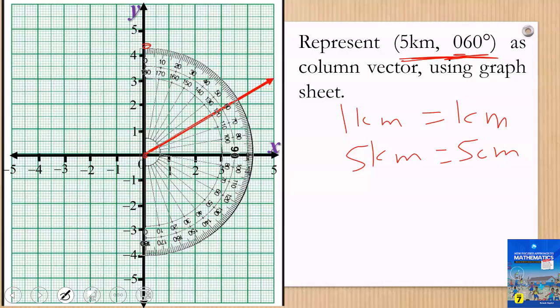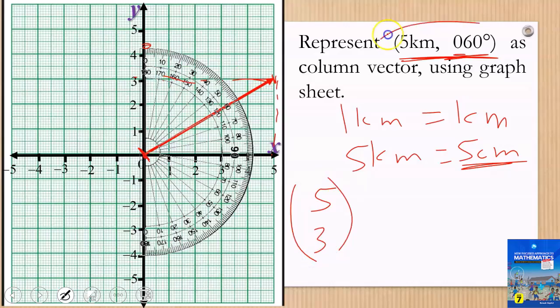When we are done with that, we remove our protractor and then use our ruler to measure the distance from the origin to 5 centimeters. Wherever the 5 centimeters ends, we make a mark over there. Then we trace the value from that mark to the x-axis and to the y-axis. On the x-axis, we can see 5 here, and then on the y-axis, we can see 3 here, and that becomes the component.